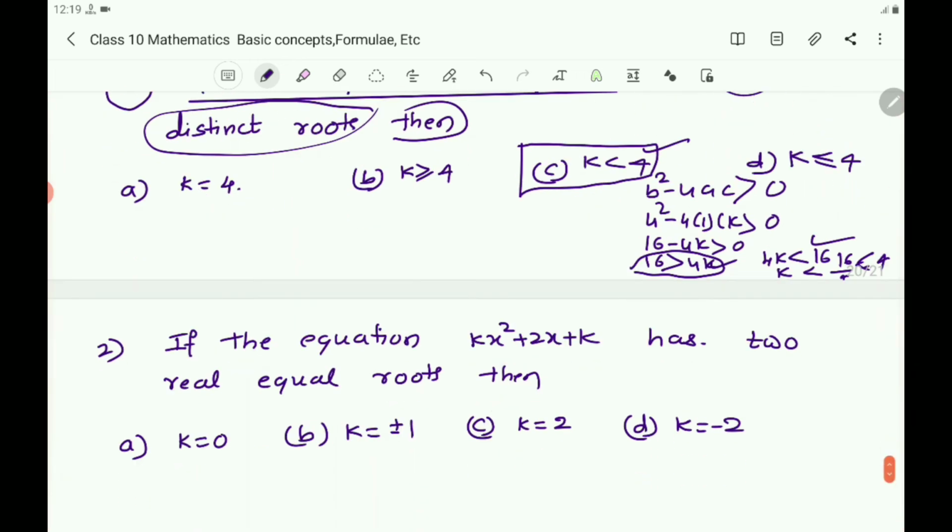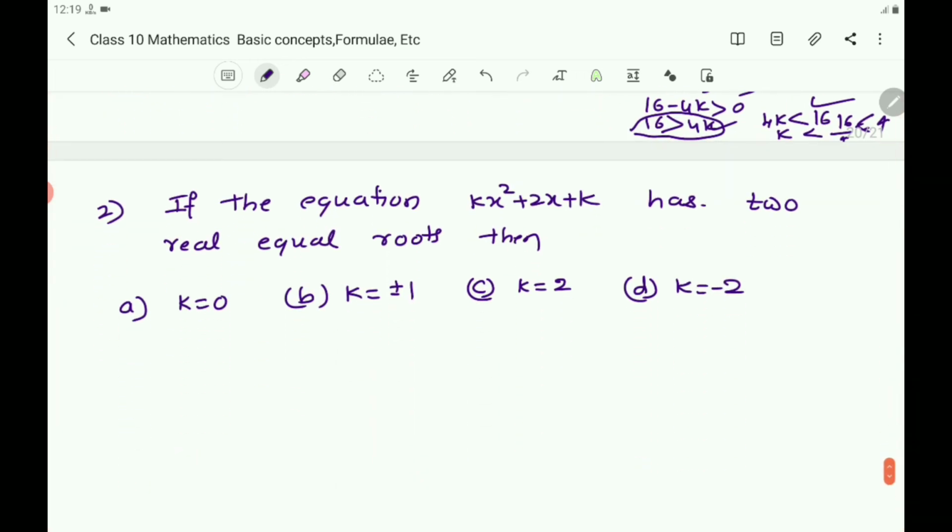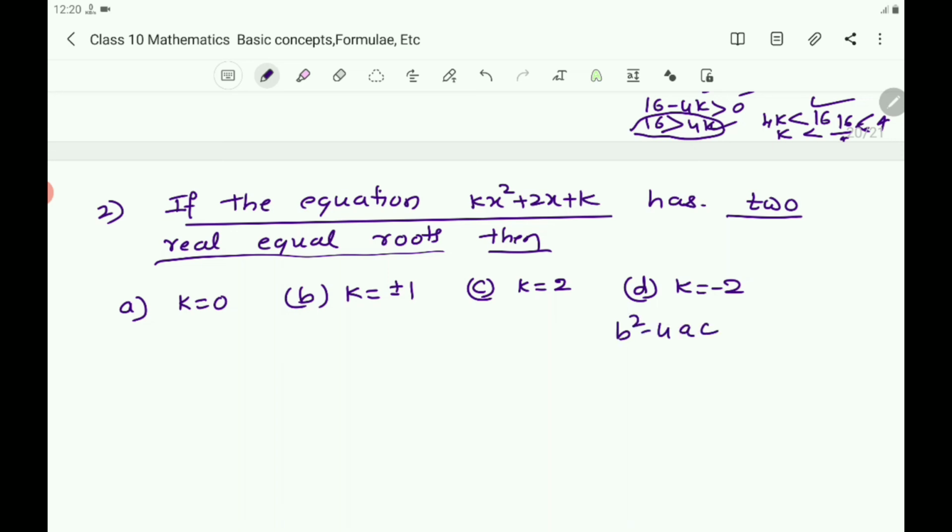Next let us take the second question to find the value of k. If the equation kx square plus 2x plus k has two real equal roots, then again you take b square minus 4ac. Here real and equal means b square minus 4ac is equal to 0.